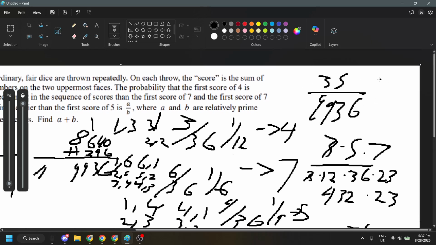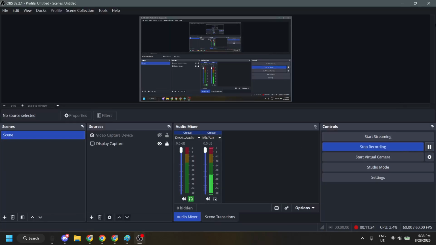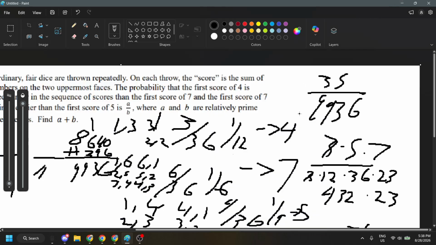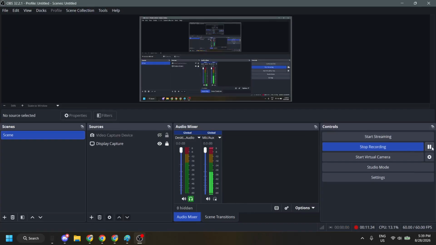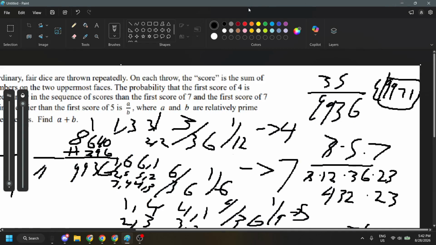Adding these two together, I'm very sure this is incorrect. So now the sum of these is going to be 9971. Let me check. No, I actually got it incorrect, but that was a very interesting problem.